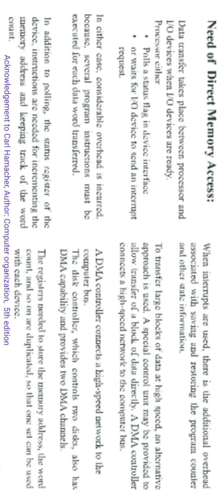Only when the IO devices are ready does the processor do the data transfer operation. So the processor is engaged in checking the status information. In the second one, the interrupt scheme, the processor has to wait for an interrupt signal from the IO devices. So in both cases, the processor time is wasted.